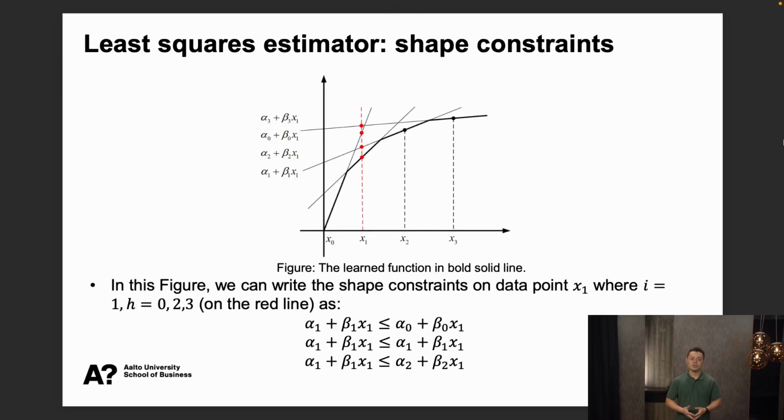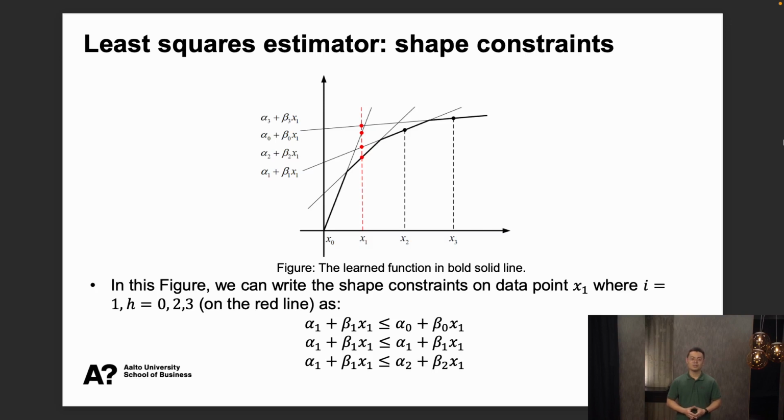Here I give you an illustration of the shape constraints. As we discussed in previous slides, the only difference between convex regression and linear regression is that we use the shape constraint. So, how does the shape constraint make the estimated function become concave or convex?